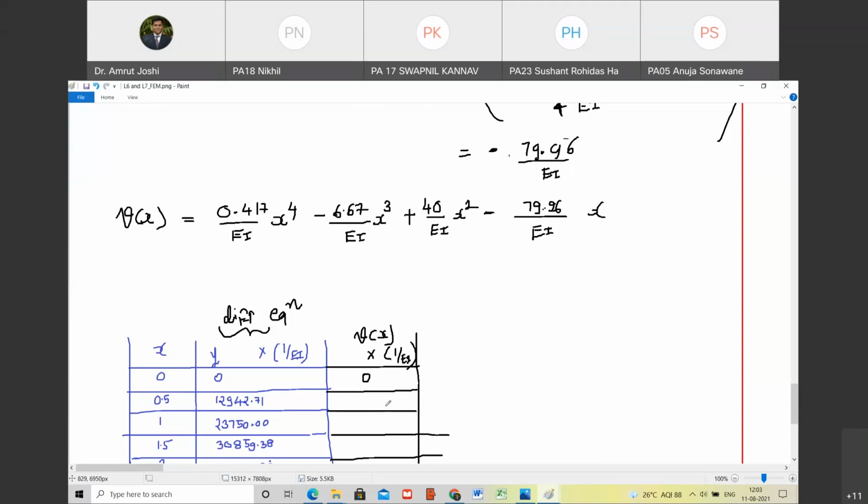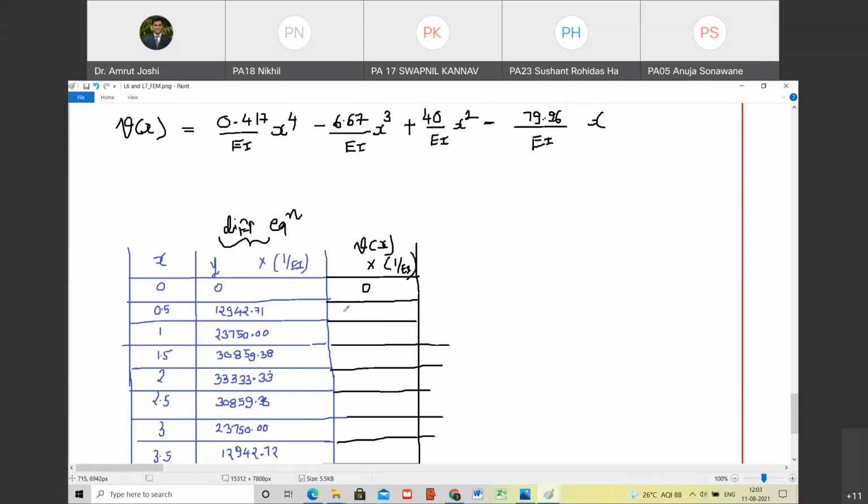Calculate this at x equal to 0.5. It's coming minus 30 again. Minus 30.78.